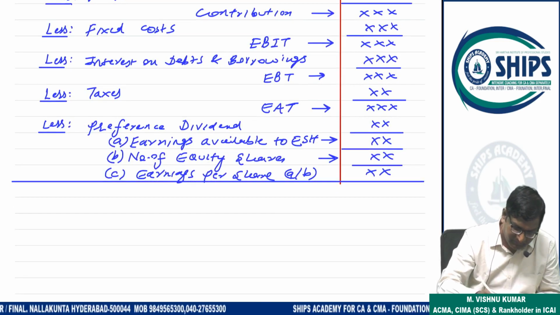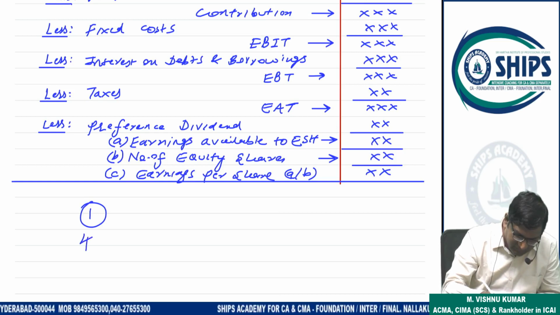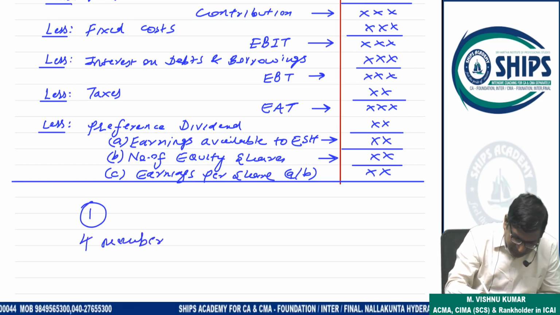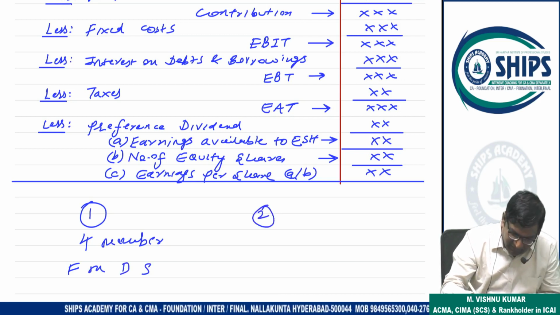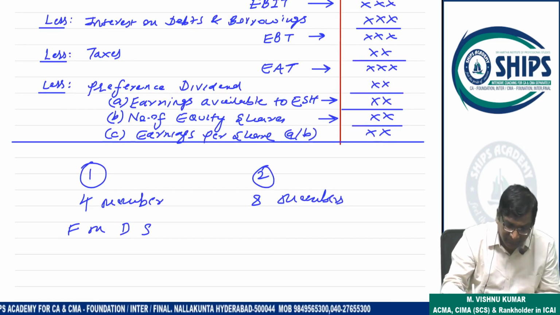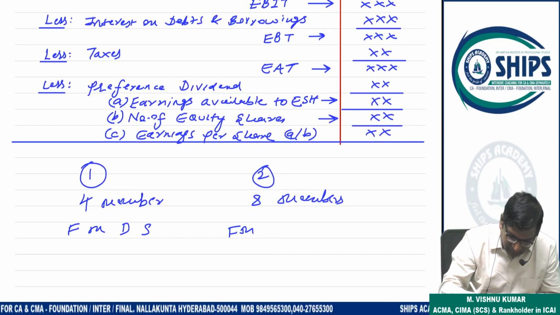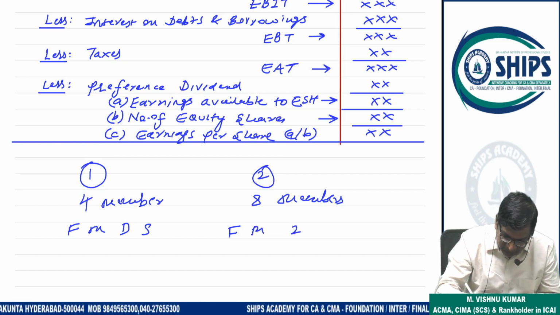Suppose one family is there. In that family, 4 members are there: mother, father, daughter, son. Another family is there. In that, 8 members are there: father, mother, 3 daughters, 3 sons.